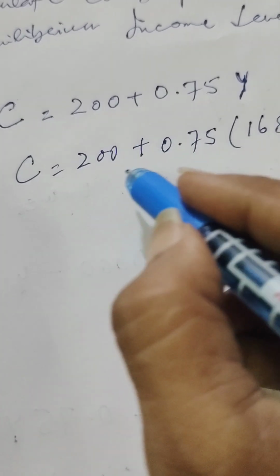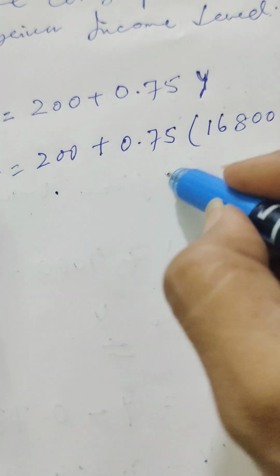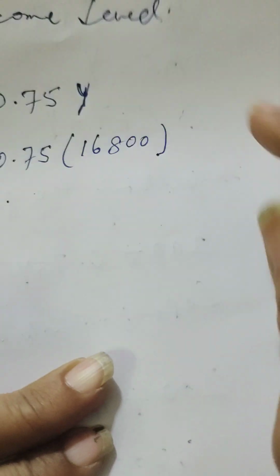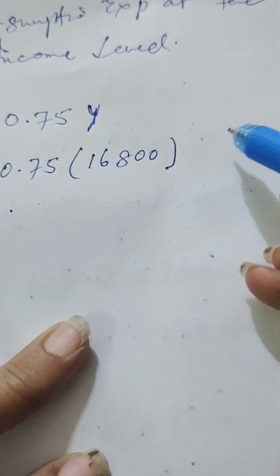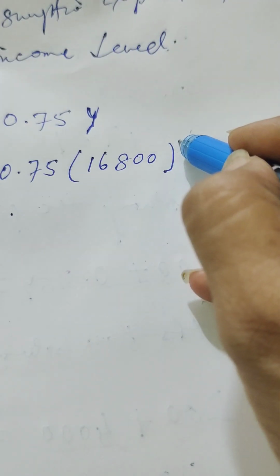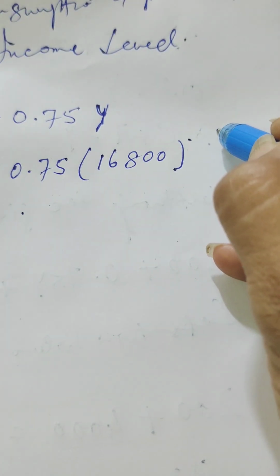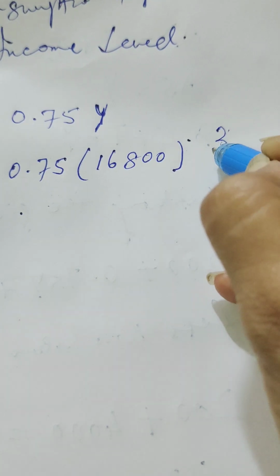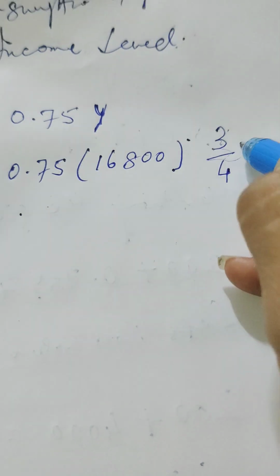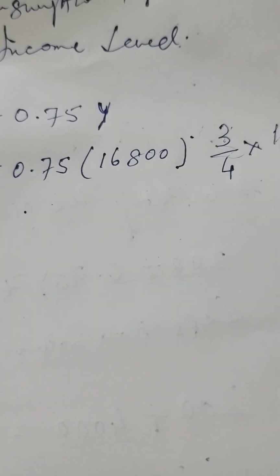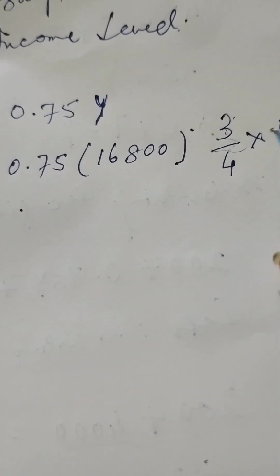Okay, so let's just do the step. Let me do it here, just to make it a little more elaborate for you, or I'm sure you must be knowing. So 0.75 comes to 3/4 into how much? 16,800, right?